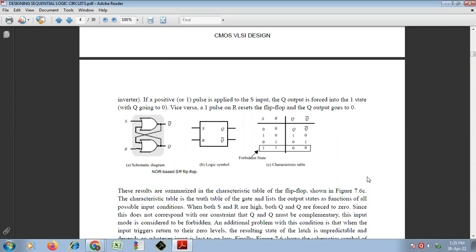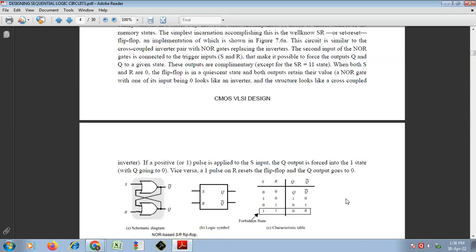So for 0 0, take the first condition. For 0 0, what are Q and Q dash? It's Q and Q dash, unchanged. For 1 0, Q will get shifted to 1, and Q bar is the complement of this, that means 0. For 0 1, Q will get 0, the complement of this is 1, and for 1 1 both will be 0, but it is a forbidden state.